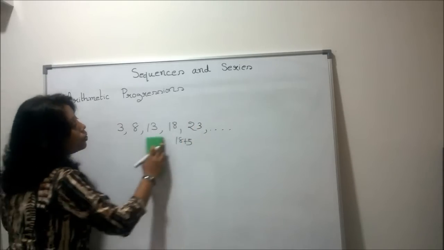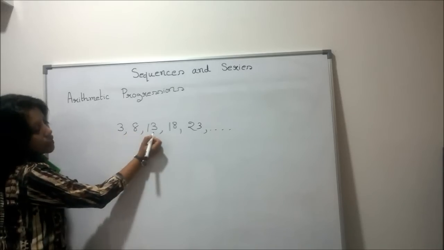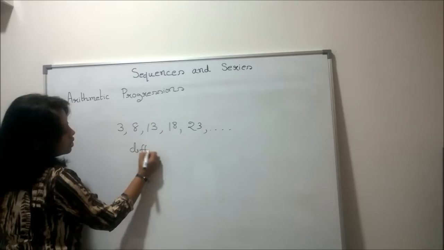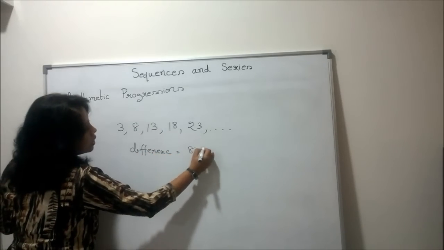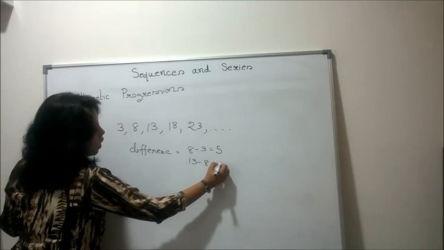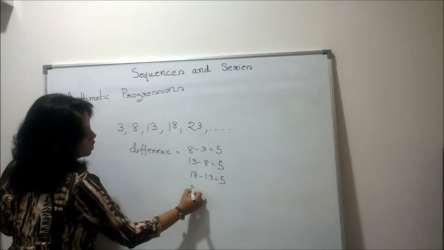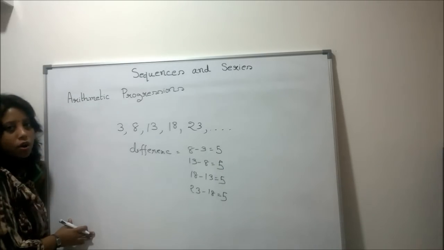So the difference between each term is 5 here. The difference is 8 minus 3, 5; 13 minus 8, 5; 18 minus 13, 5; 23 minus 18, 5. So in all cases that is constant.